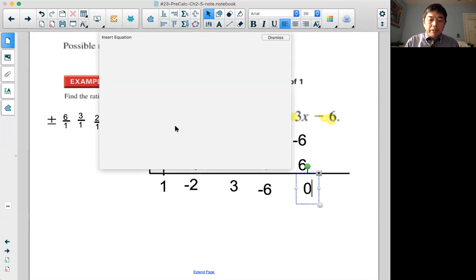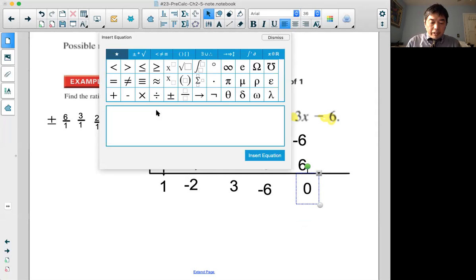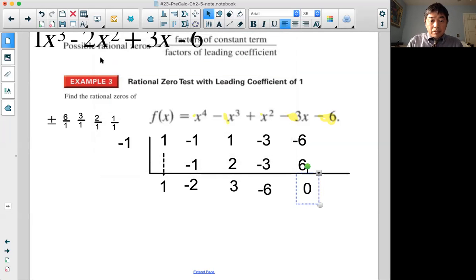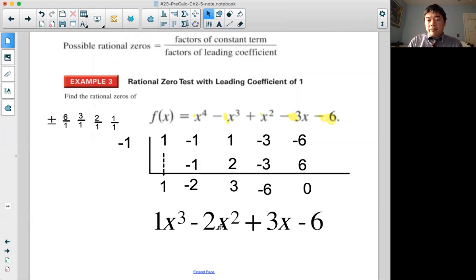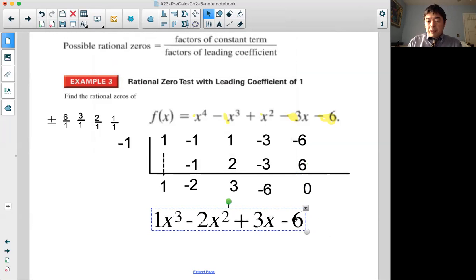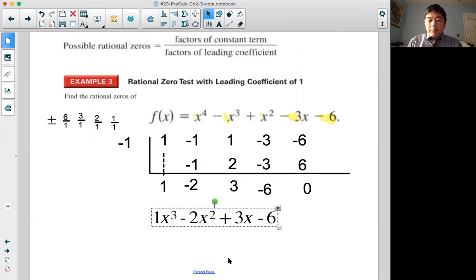This is going to be 1x to the fourth, I will write down 1 this time, then 1x, one degree lower, so it's cubed, minus 2x squared plus 3x minus 6. So this is the second equation that comes down. I hope you can see it.